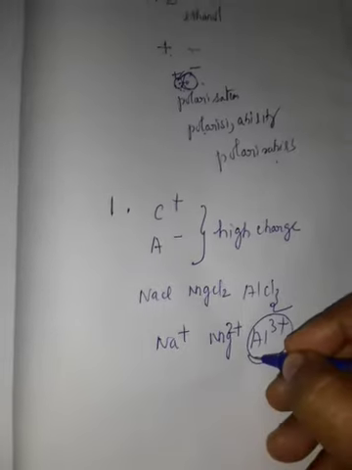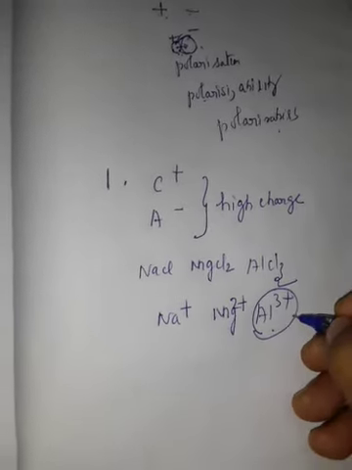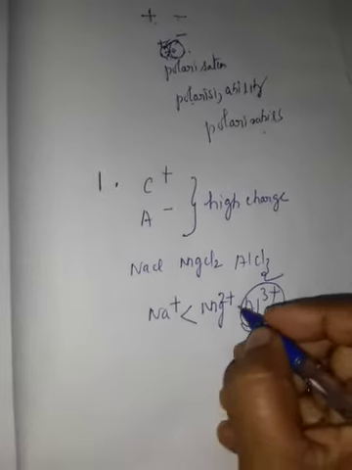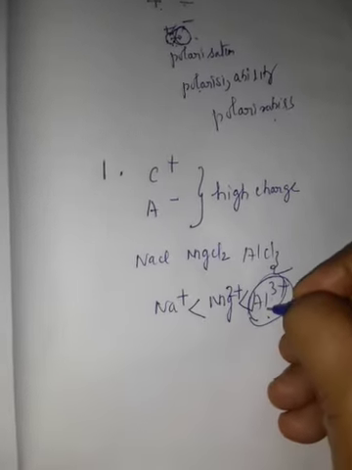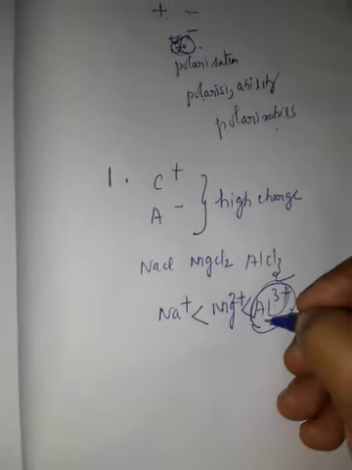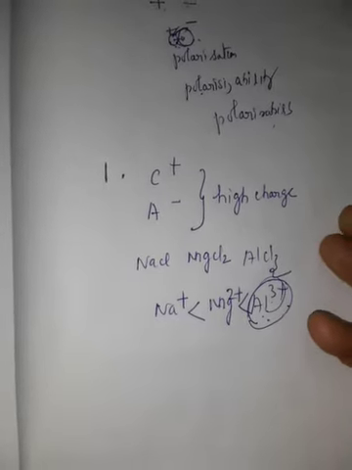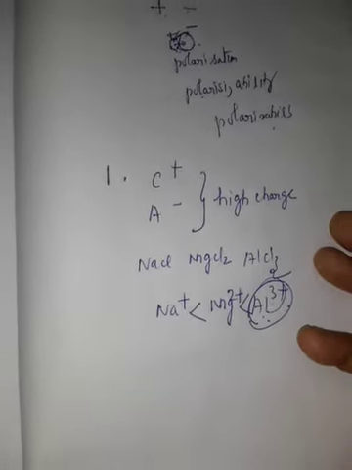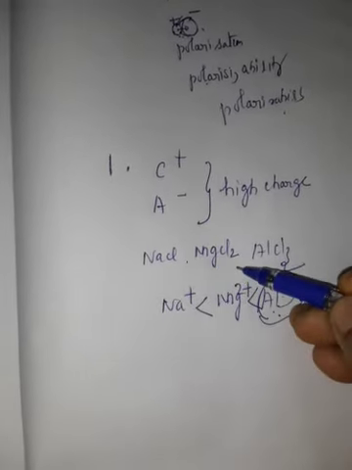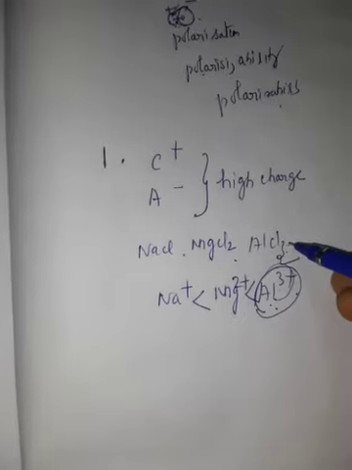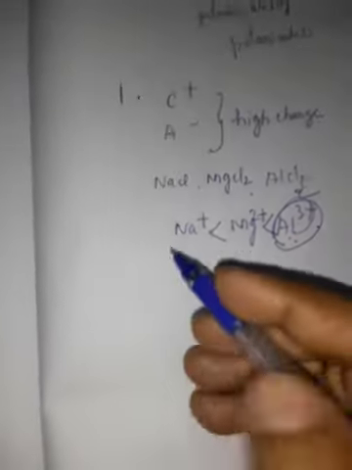So Al has the most charge: Na less than Mg less than Al. Al has a high polarizing ability because of its high charge. Similarly, with chlorine, as the charge increases, polarizing ability is high. This is the first rule.